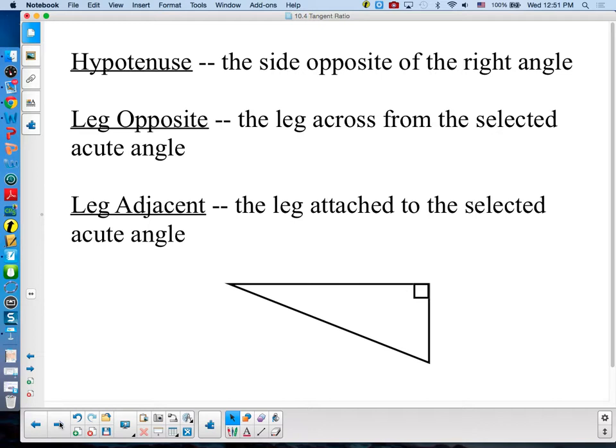Leg opposite is the leg across from the selected acute angle. Leg adjacent is the leg attached to the selected acute angle.